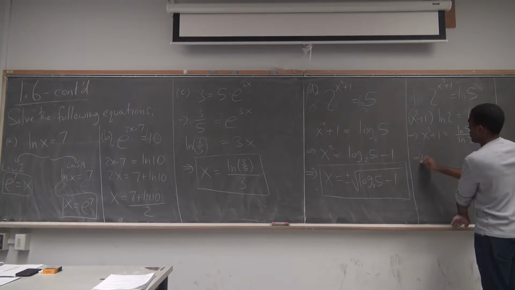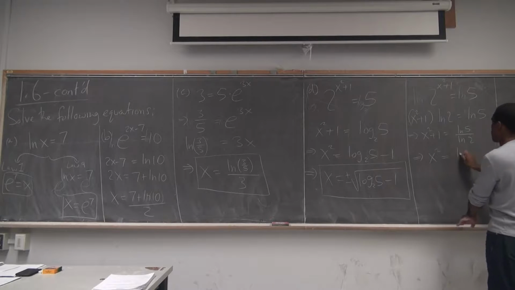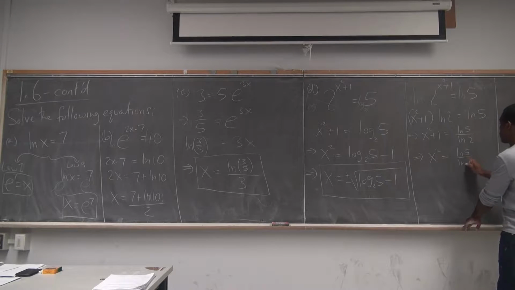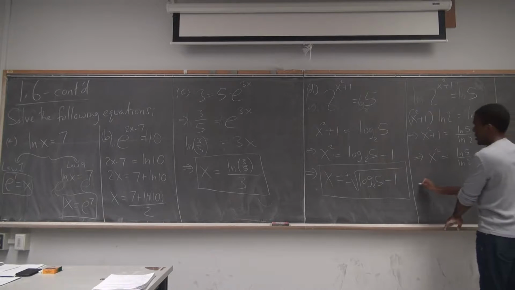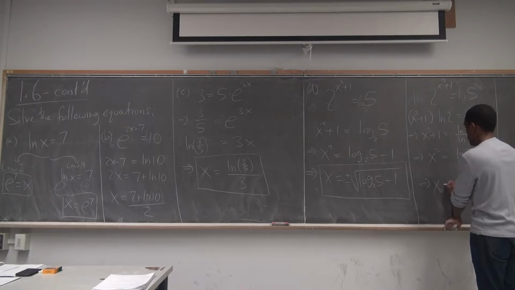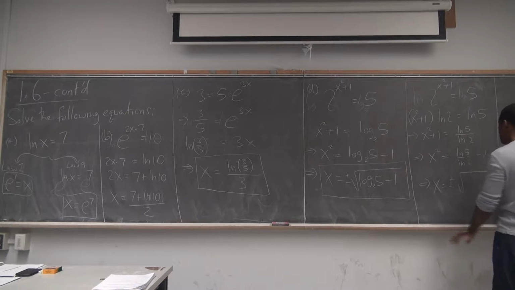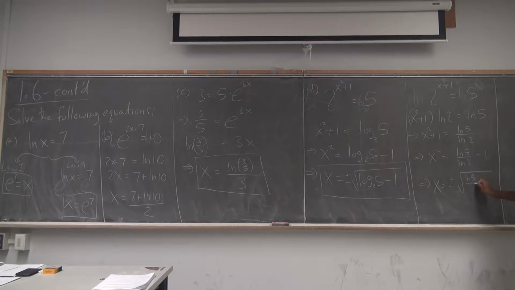And then I can again subtract 1, and then I can square root both sides. And that is also a valid answer, right? I can use any log I feel like.